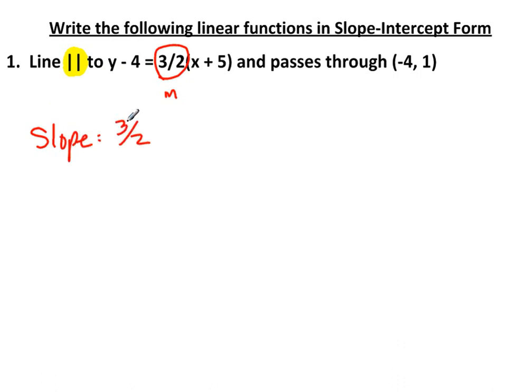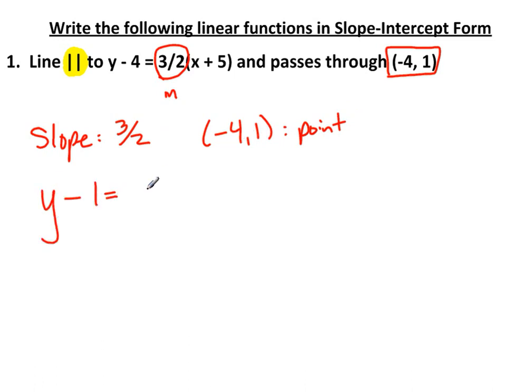Alright, so now I know the slope, and I know a point it has to go through. Negative 4, 1 is my point. Well, I'm going to do the same thing I did earlier. I have point-slope, so I'm going to do y minus my y1 equals the slope. And again, just to reiterate, this is x1 and y1. So times the slope, 3 halves, times the quantity x minus whatever x1 is.